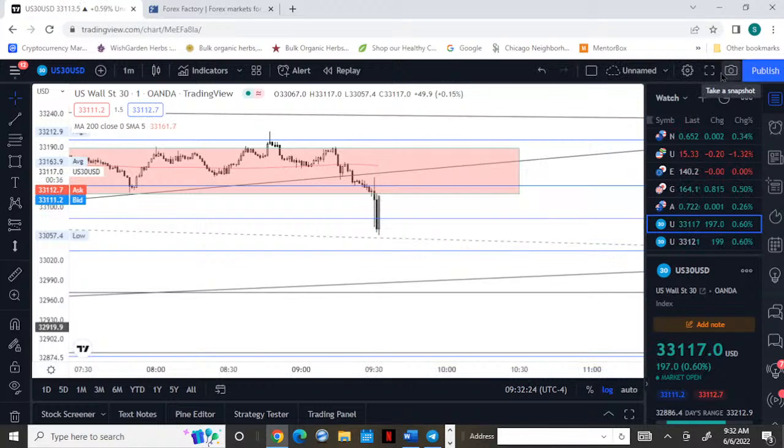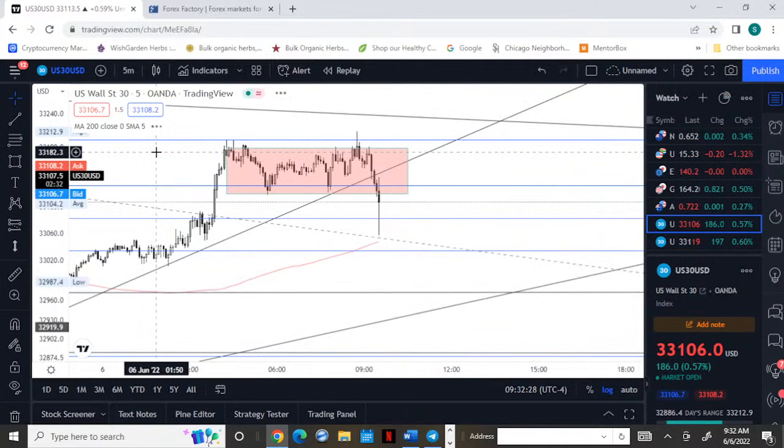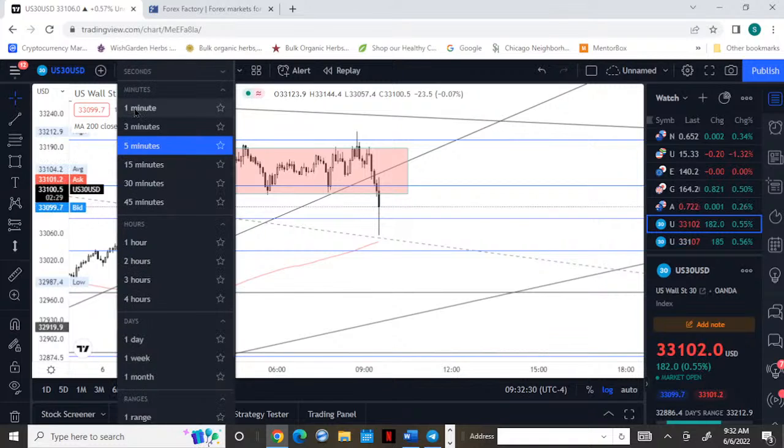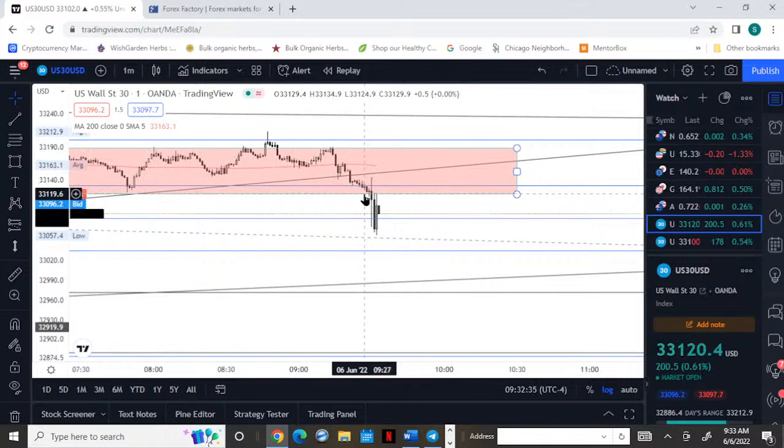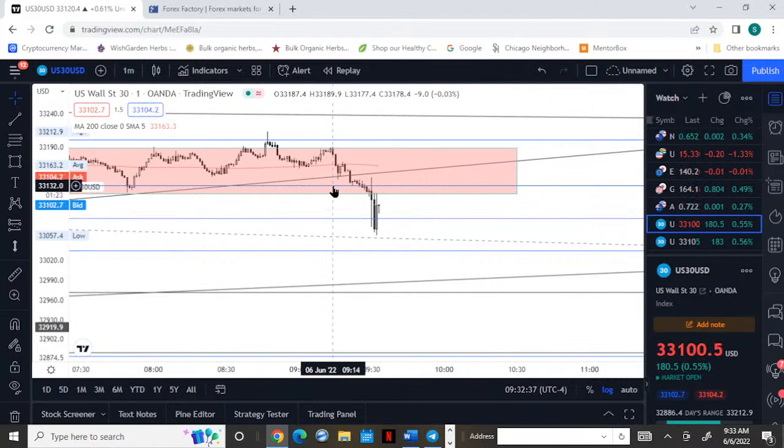9:32. What we doing? A retest of this consolidation area.